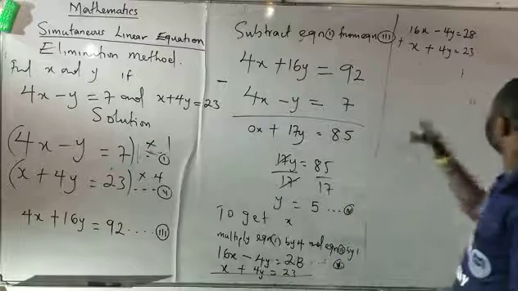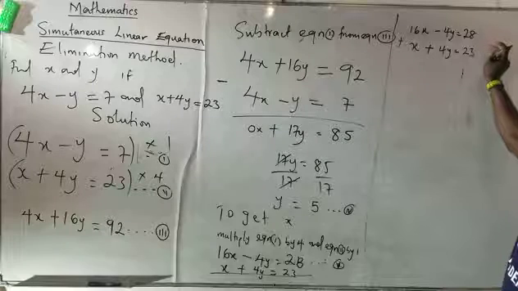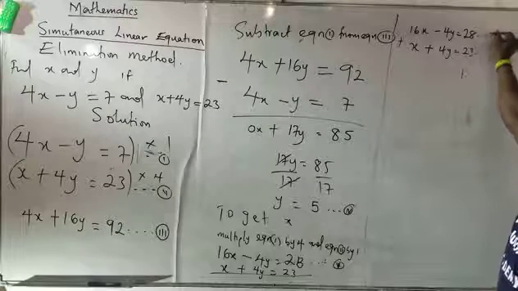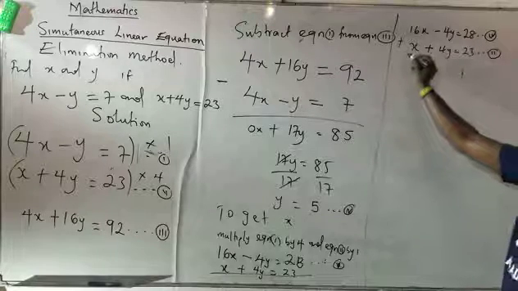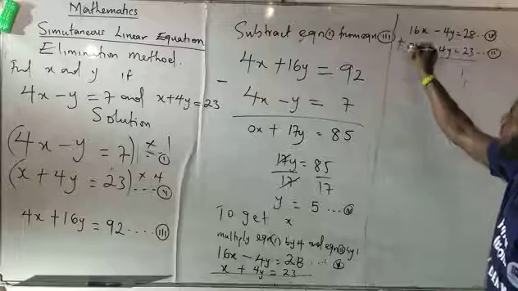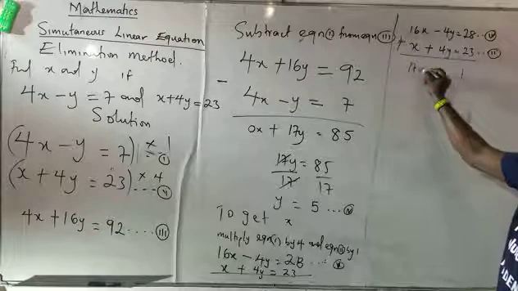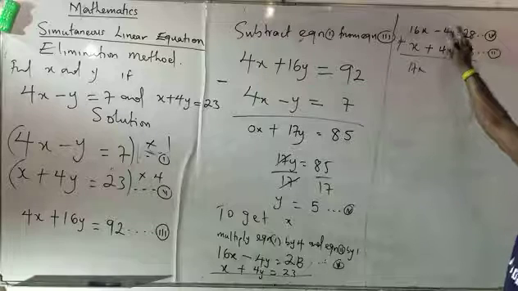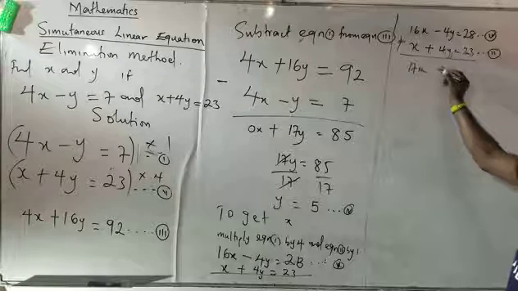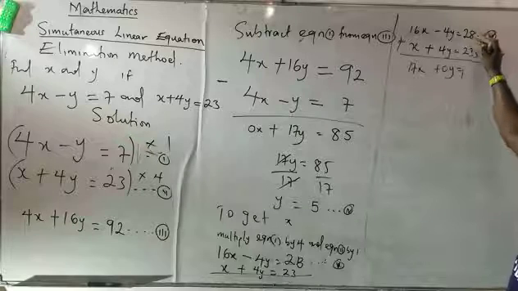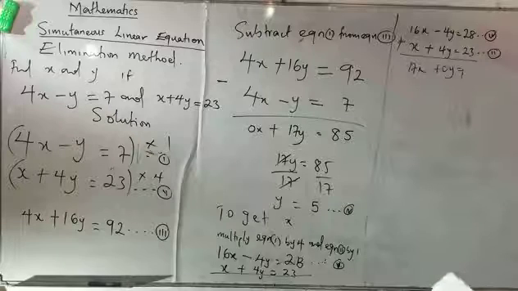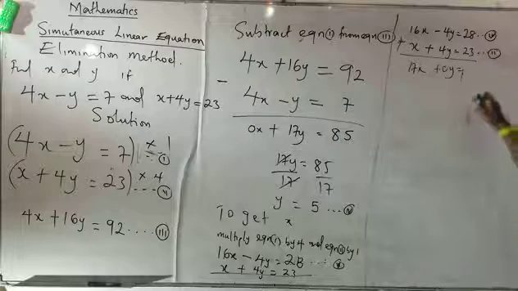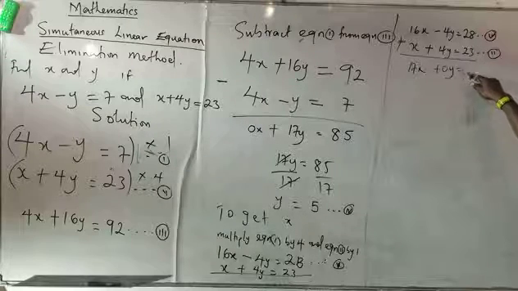Now I want to add equation 5 and equation 2 together. This plus this will give me 17x, and minus plus plus will give us 0y, equals 28 plus 23, that will be 51.